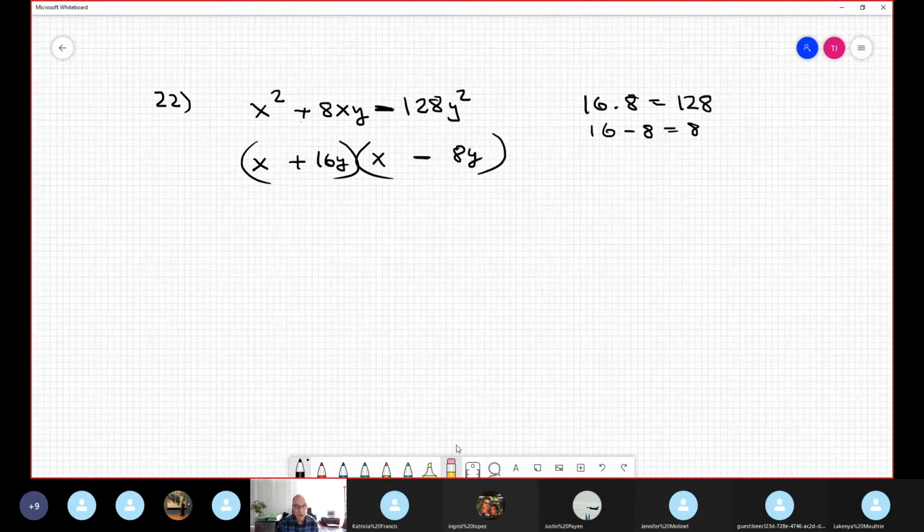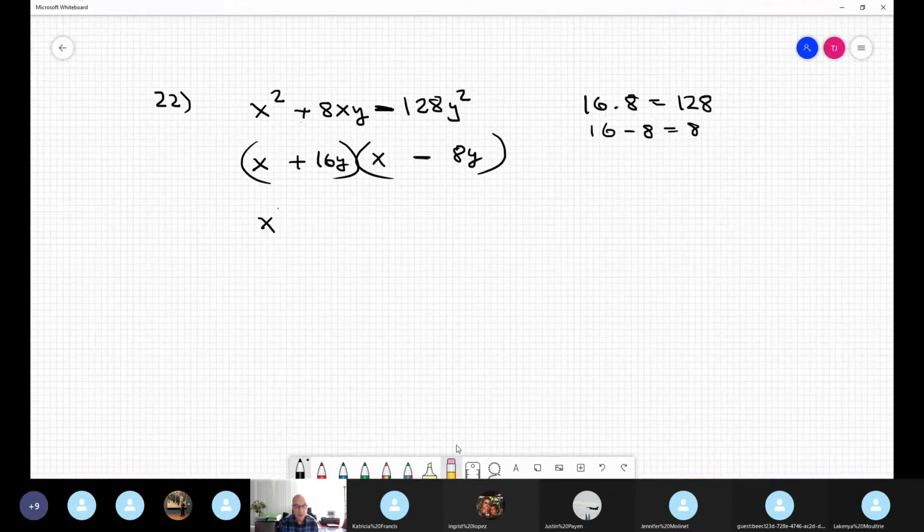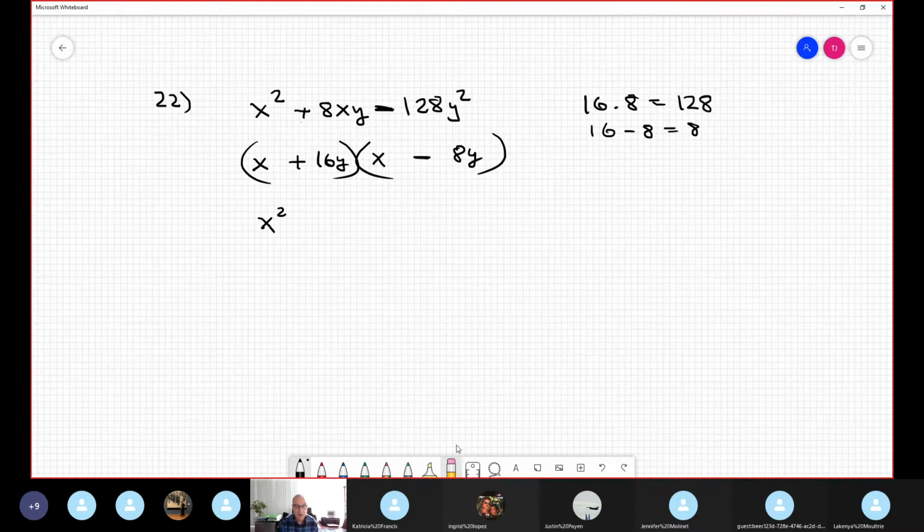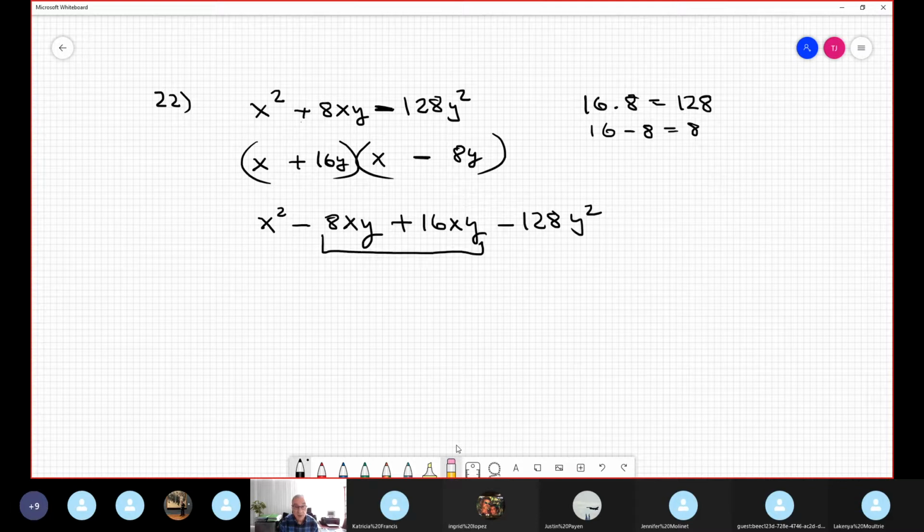Now check it. x times x, x squared. x times negative xy. 16 is plus 16xy. And finally is the big number, minus 128, it's multiplication 16 times 8y squared. And when you combine that term here, it's plus xy minus 128.